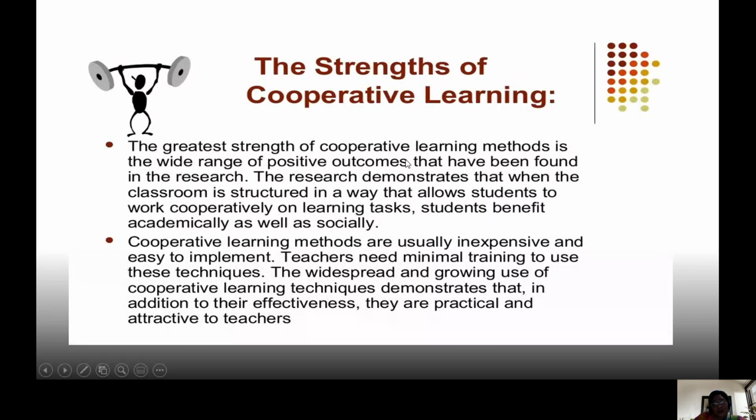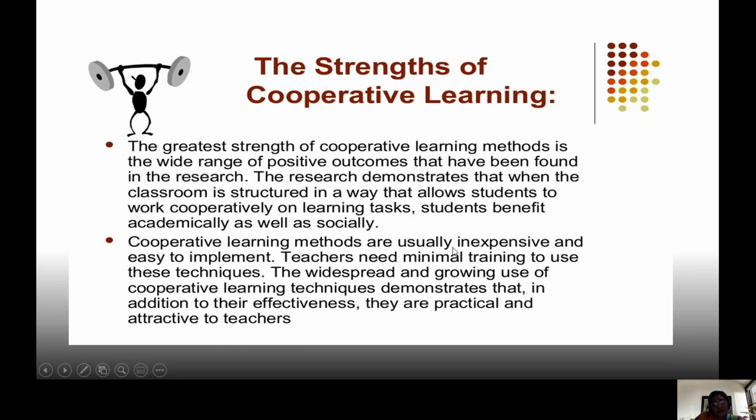So the greatest strength of cooperative learning is the wide range of positive outcomes that have been found in the research. The research demonstrates that when the classroom is structured in a way that allows students to work cooperatively on learning, the students benefit academically as well as socially. So it has an effect on both their academic and their social skills.